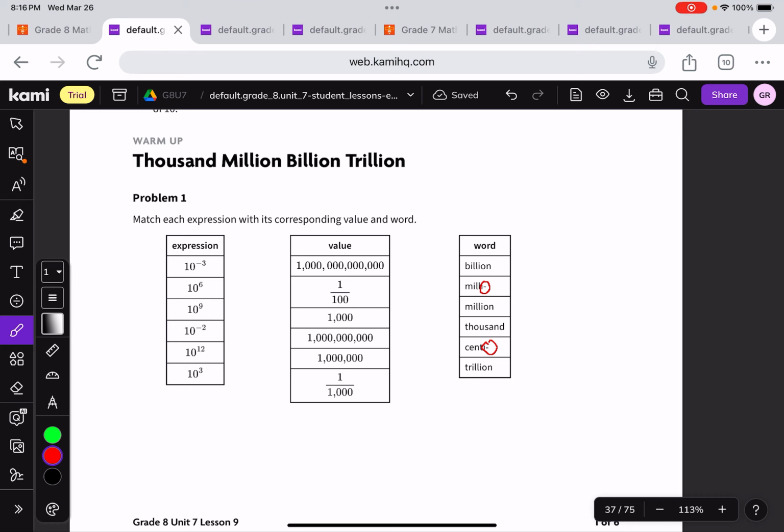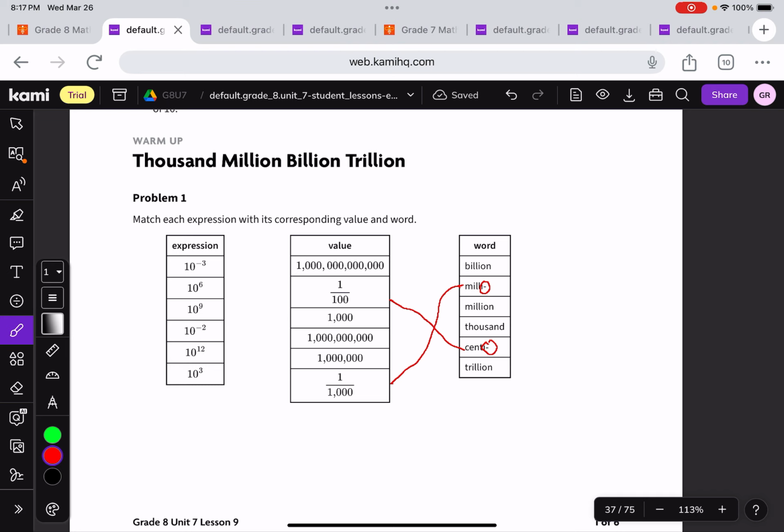Those, if you haven't guessed, are going to be fractions: a centimeter is 1/100th of a meter. A millimeter is 1/1000th of a meter. A milligram is 1/1000th of a gram. A centigram would be 1/100th of a gram. The rest would be hopefully straightforward.